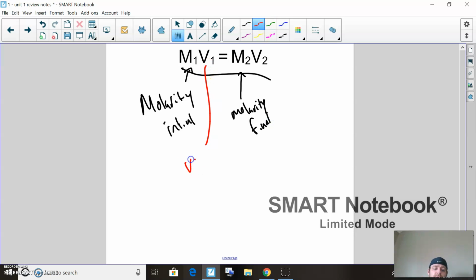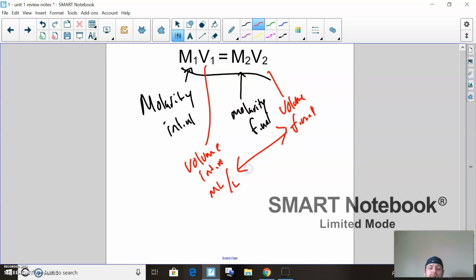And then this is volume initial, and this is volume final. And these can be in milliliters or liters, it doesn't matter as long as it's the same for both. It has to be the same for both.